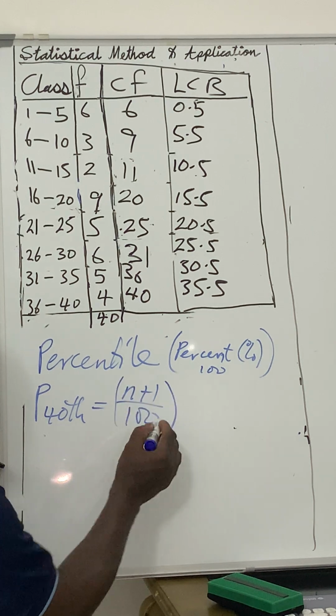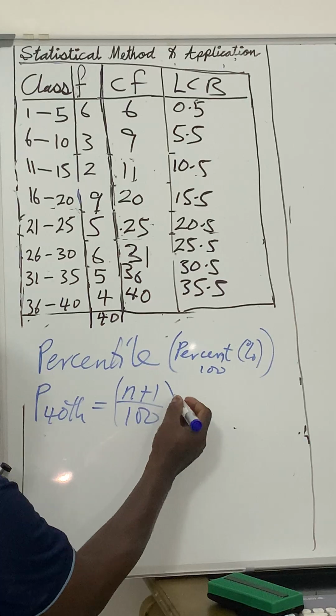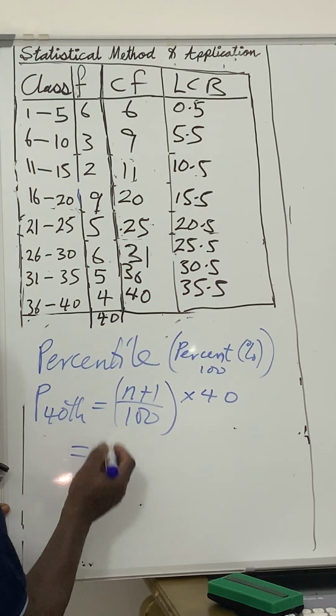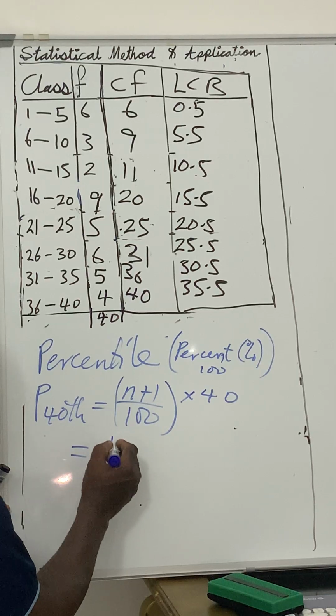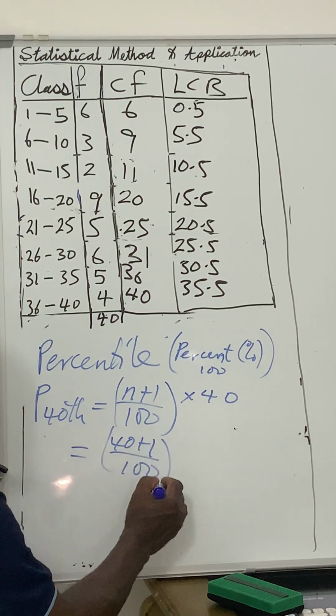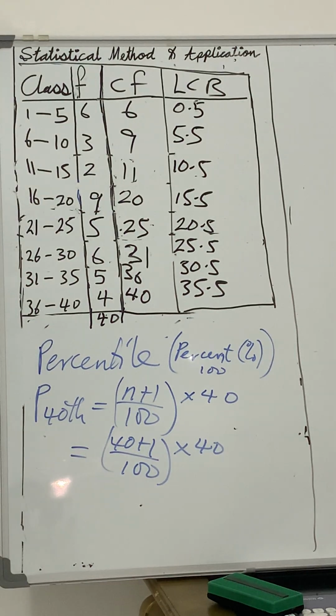Then you multiply by the number of the fraction you are talking about, multiply by 40. So in this case, our n plus 1 is 40 plus 1 divided by 100 times 40. We can use calculator to bring this out.